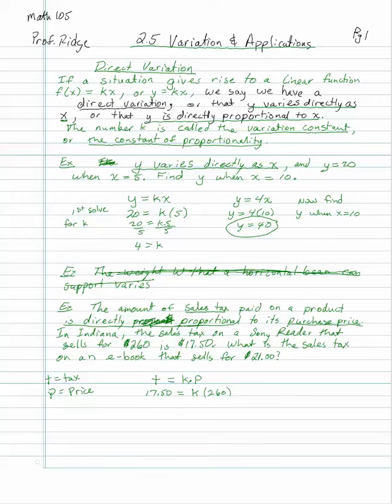So we're going to solve for k. Divide by $260. So k equals 1750 divided by 260, which is 0.0673.